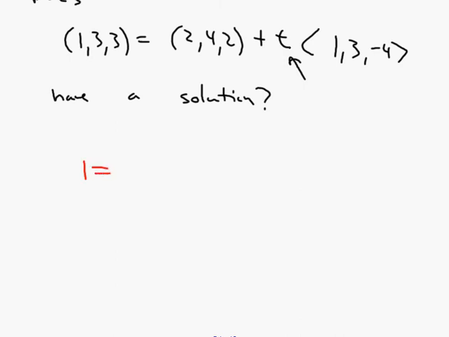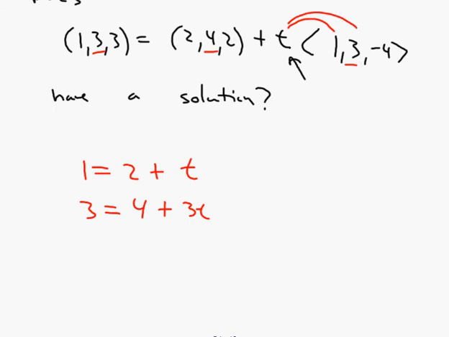Right? 1 equals 2 plus t. And that t is coming from t times 1. So this is what it means. I want these x coordinates to work out. Then 3 equals 4 plus 3t. That comes from these components having to be equal.